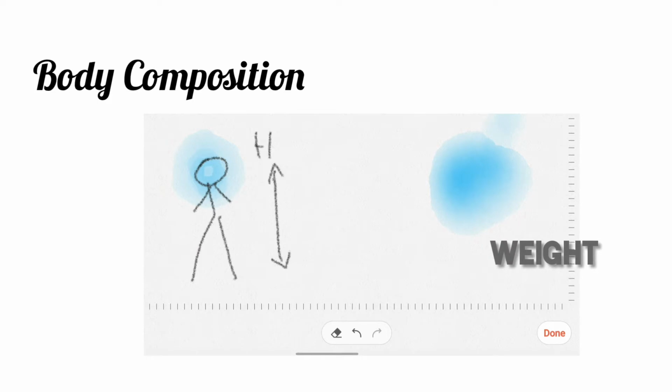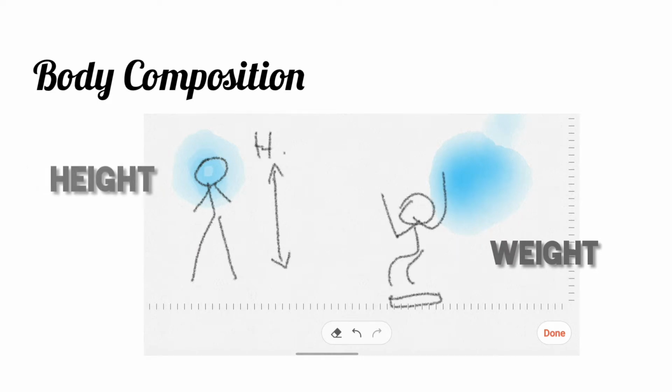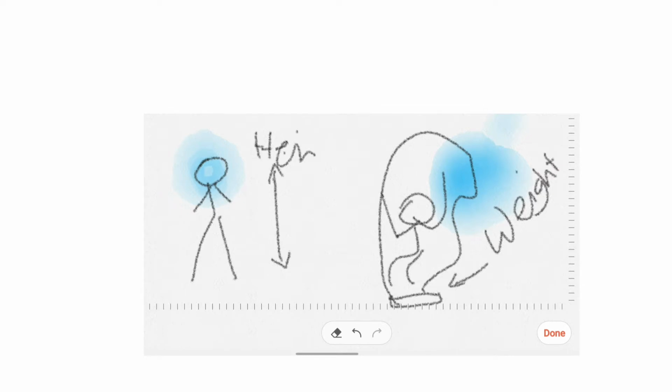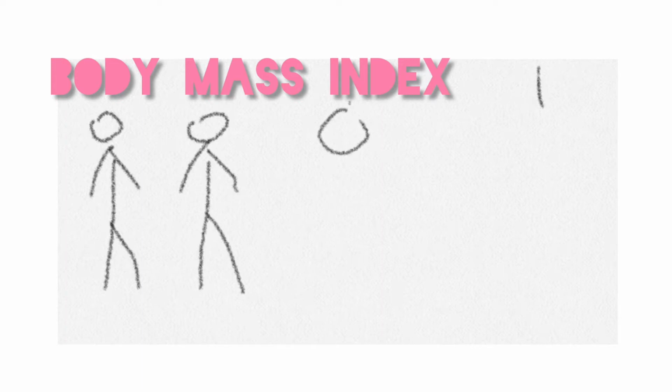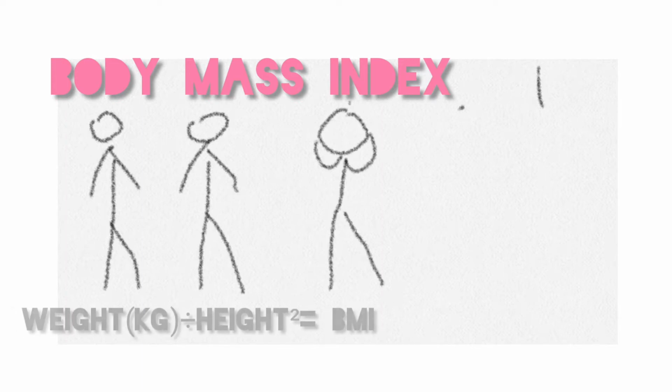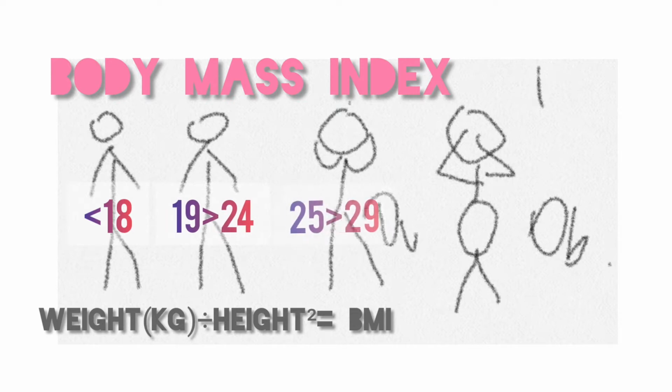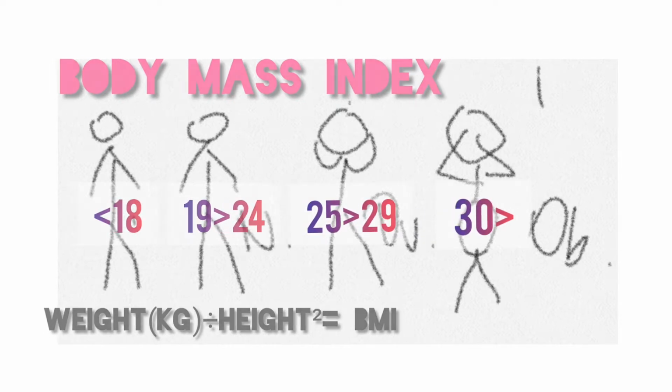Weight is the heaviness or lightness of a person, and height is the distance between the feet on the floor and the top of the head. The BMI, or body mass index, is presented for us to measure our body composition. The BMI result allows you to determine your body's condition, whether you are underweight, normal, overweight, or even worse, obese.